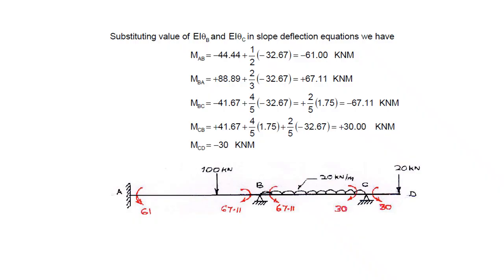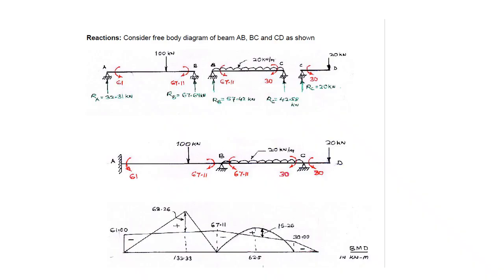If you know all these things, you can treat each and every span as a simply supported beam. You are converting it into a determinate structure. If you know the end moments, you can find the reactions simply by taking sigma MA equals 0 or sigma MB equals 0. You can get all the reactions at the supports.